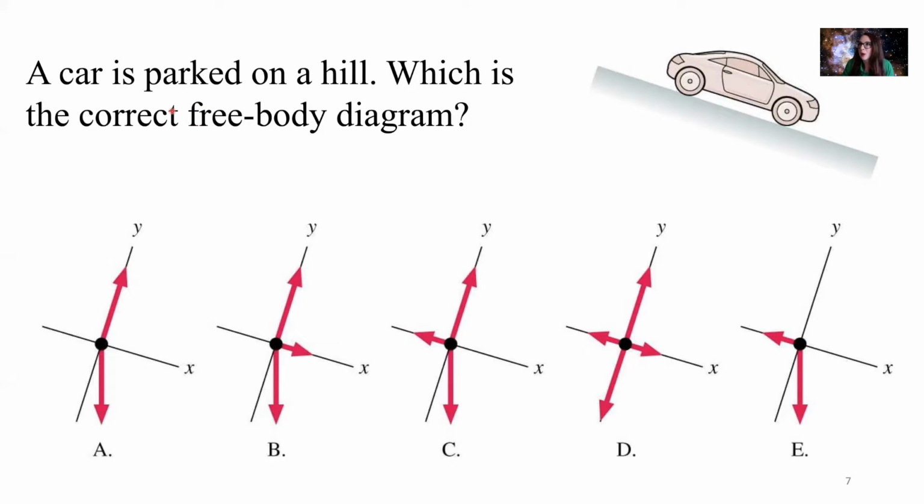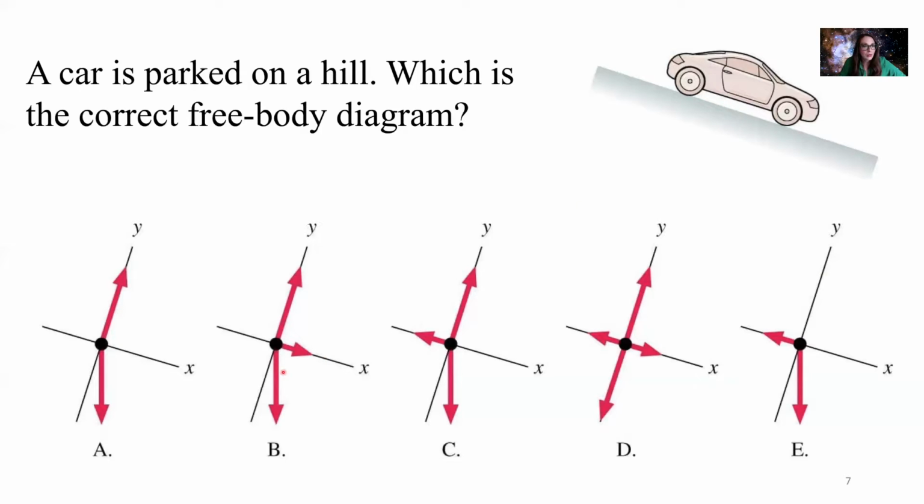Before I move on to the next problems, let's talk about what the free body diagram would look like for an object on an inclined plane with friction. Here we have a car parked on a hill. Which is the correct free body diagram? It's on an incline here. We know that the car is going to experience a normal force from the surface on the tires, so we've got to have a normal force pointing upward, which eliminates E. We know it has weight, and that vector representing the weight of the car must be pointing straight down towards the earth.